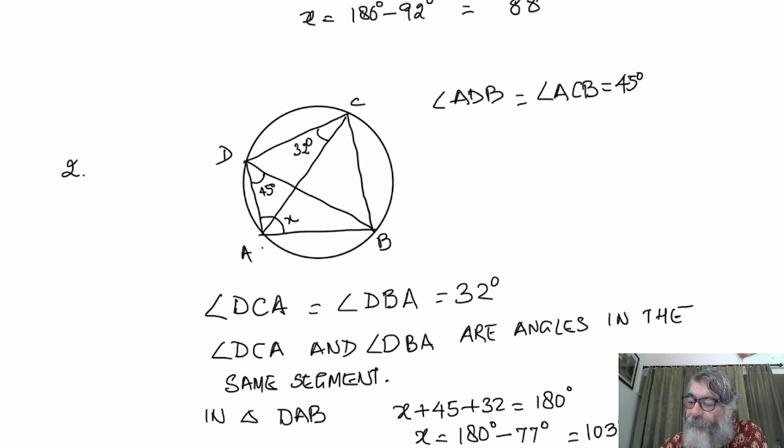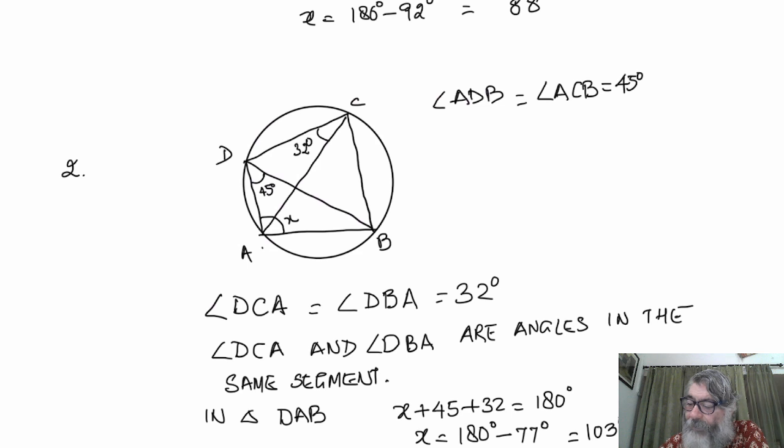If this is 45, this will be 45 because it is the same segment. Why same segment? AB is the chord and ADCB is the major arc. So the angle subtended by this chord at the circumference of the circle, all angles will be in the same segment. So this is 45. This is 45.